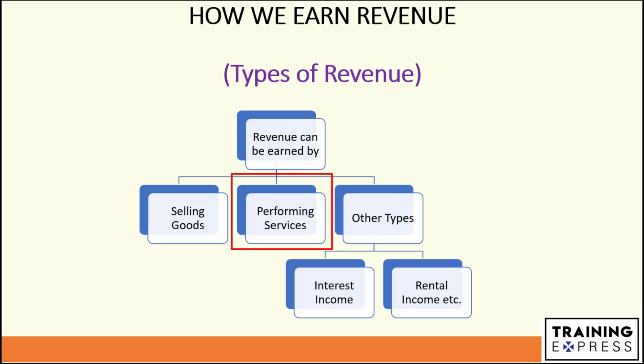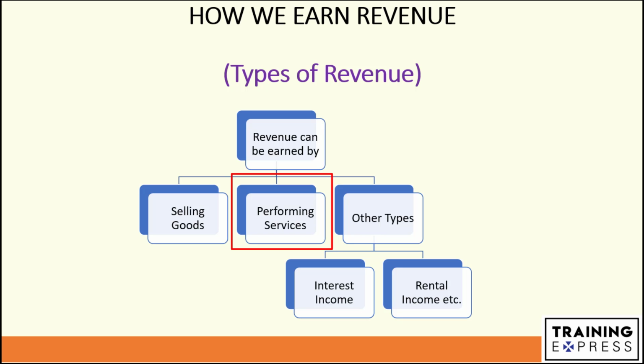The second type of revenue, or the way we can earn revenue, is through performance of services. Whenever we have performed services, we earn revenue. Again, it does not matter whether we have received cash or not.